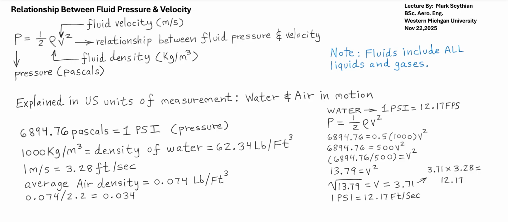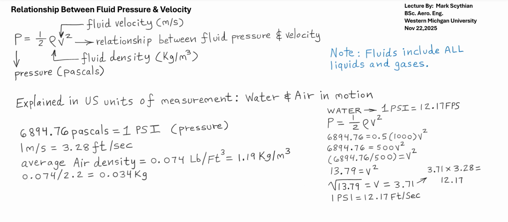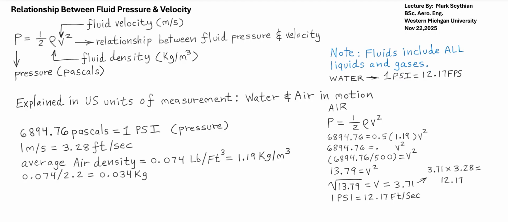So in this case, we're just going to isolate the differential for water and air with respect to pressure and velocity. So we're just converting air's average density from its pounds per cubic foot value to its kilograms per cubic meter value. These are all just values you can look up or calculate manually.